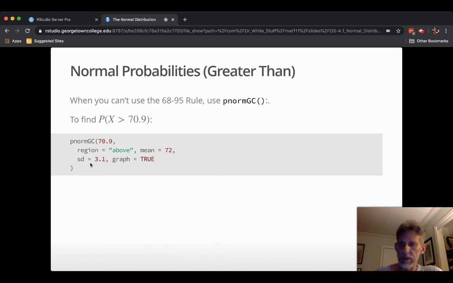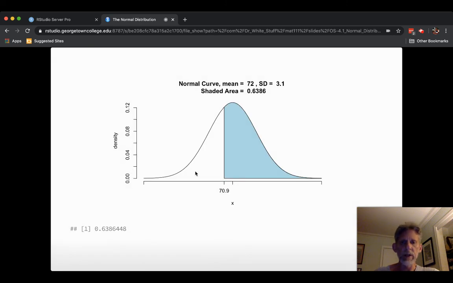That's the next input. Standard deviation is 3.1. That's the next input. And it'd be nice to get a graph of this normal curve showing the shaded area. That's graph equals true. So if you were to run this in RStudio, you will get a graph that looks like this in the plot window, and over in the console, you'll get the probability.